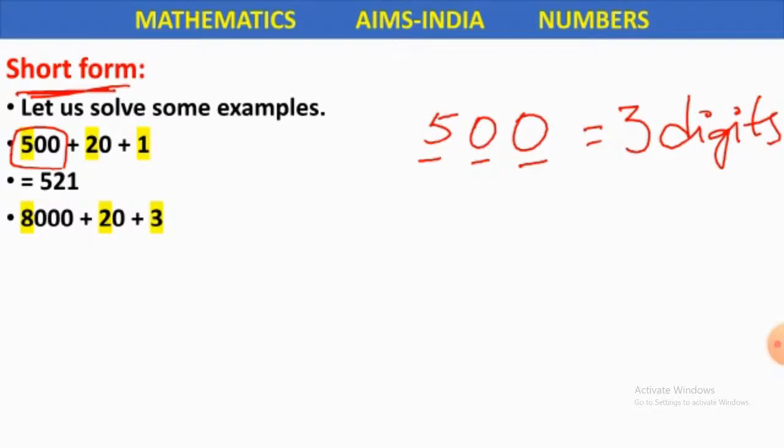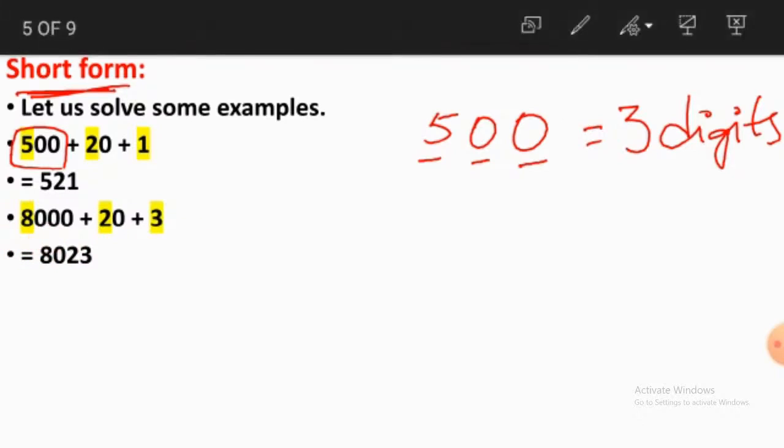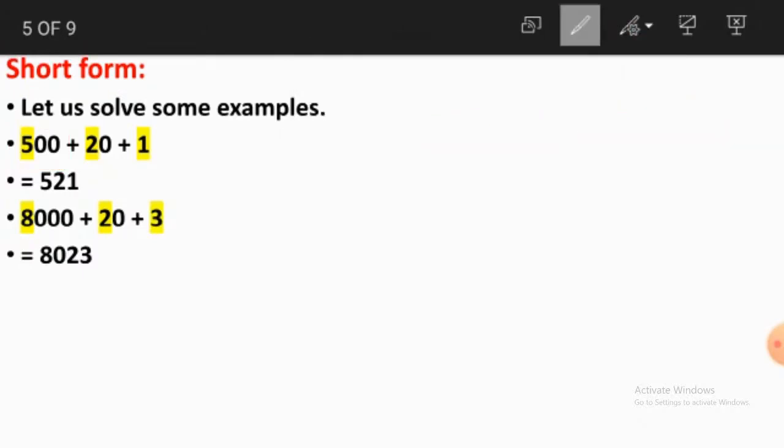Sometimes in the exam you might get a question like this. 8,000 plus 20 plus 3. Here the first number given is 8,000.